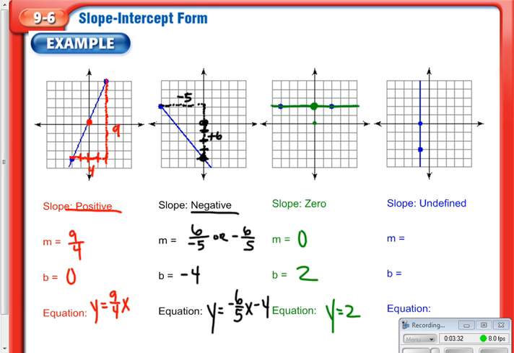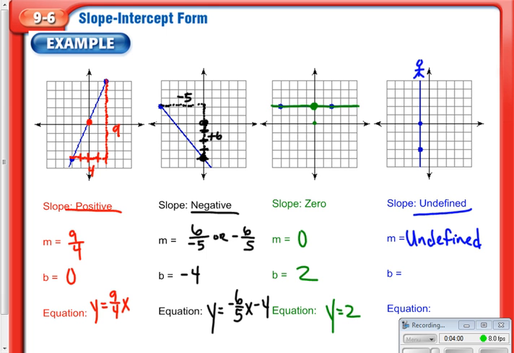Last slope is undefined. That is a vertical slope. That would be like you standing on top of the cliff, looking over the edge and saying that's a long ways down. It is so steep that you cannot define the slope. So your slope is undefined for vertical lines. Now, this does not have a y-intercept.